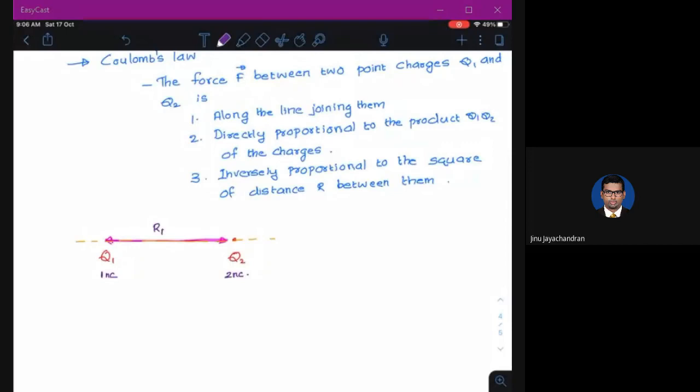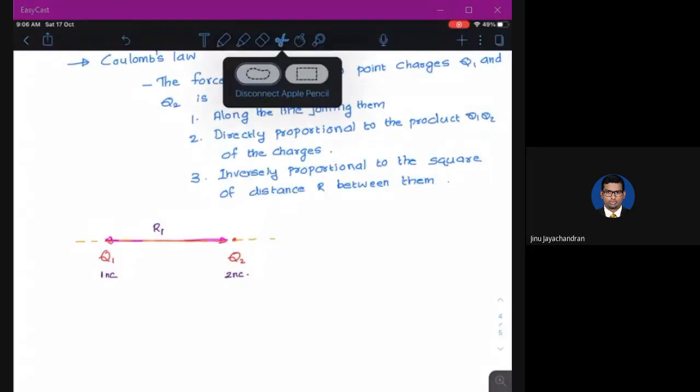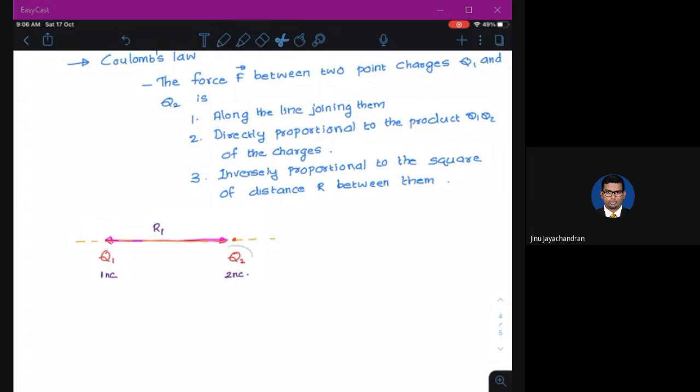or let's say r1, if I have some amount of force, if I move q such that it goes far, and now let's say the distance is r2, where r2 is greater than r1, then the new force F2 will be less than F1, which means it is inversely proportional.